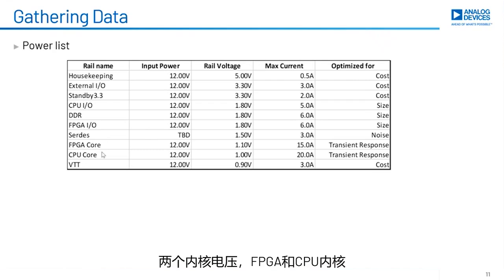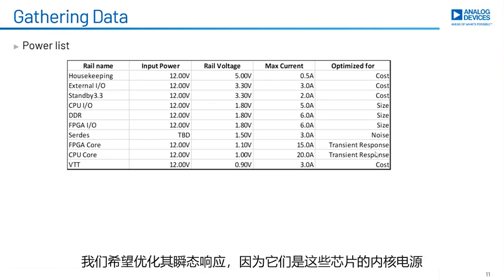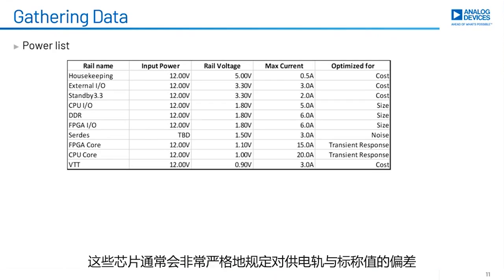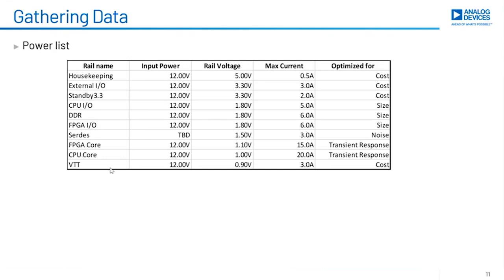The two core voltages, the FPGA and CPU cores, these are much higher current, and we want to optimize the transient response on those because they're core supplies on these chips, and we know from experience that those chips typically have pretty tight requirements on the deviations from nominal on those rails. And the last one here is called VTT.